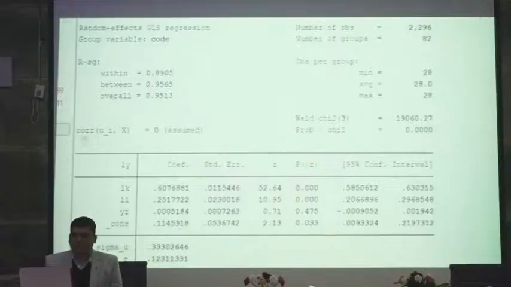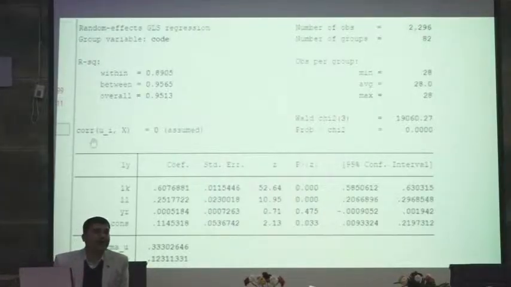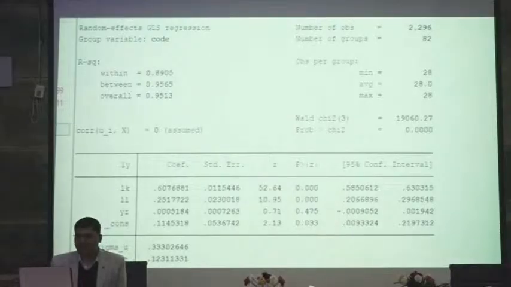Now you can check that the correlation between ui and xi is assumed to be zero. Why is it assumed zero? Because we selected a random effect model, so this is the assumption. Uncorrelated.